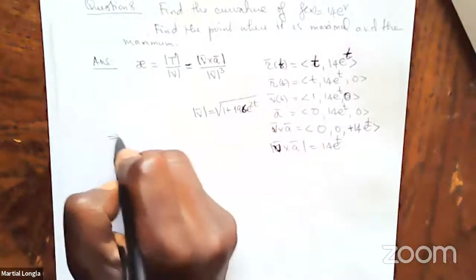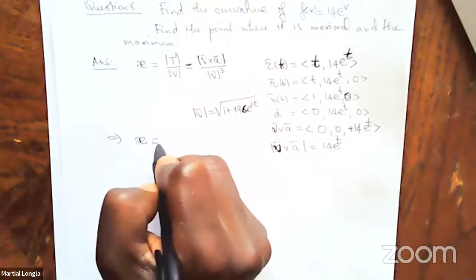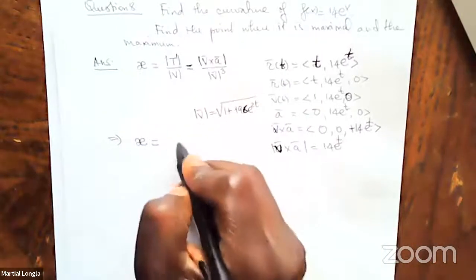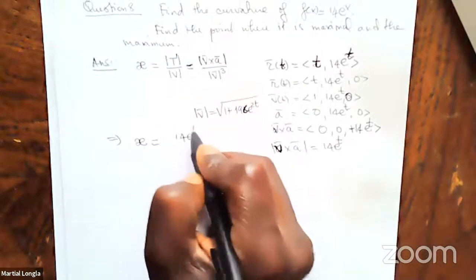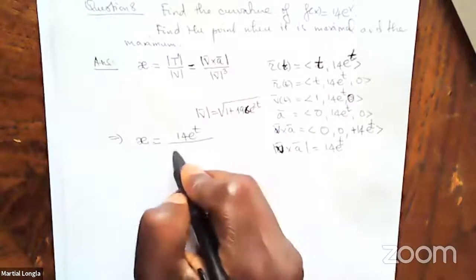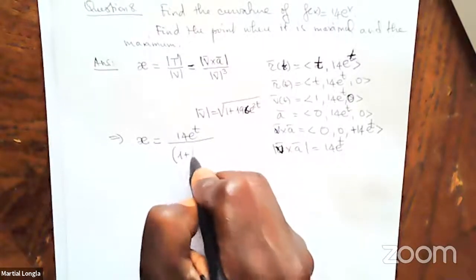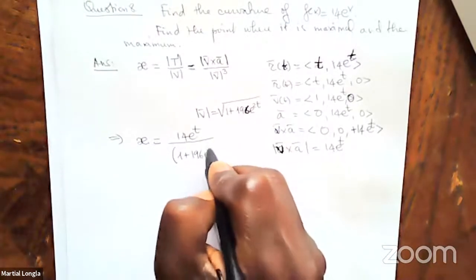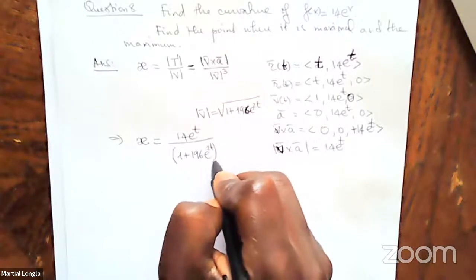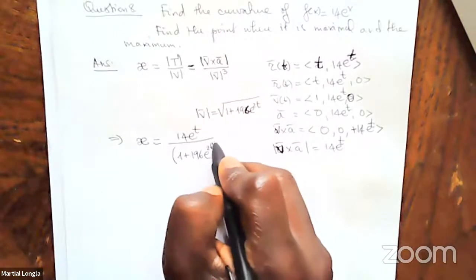So all of that leads to say that the curvature is 14 e to the t over 1 plus 196 e to the 2t, raised to the power 3 halves.